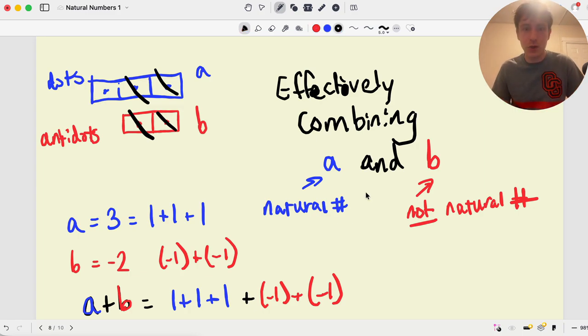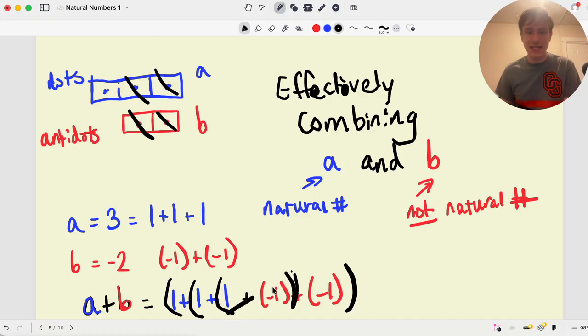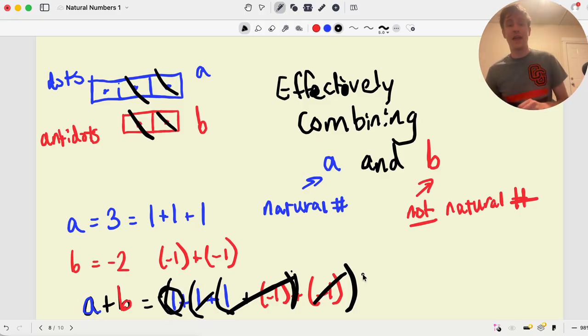What does the associative rule say? It says that I can put the parentheses anywhere that I want. So I'm going to put them right here, because now these cancel, and then these cancel, and I'm left with 1 left over. And that 1 is a natural number. It's the positive number 1.